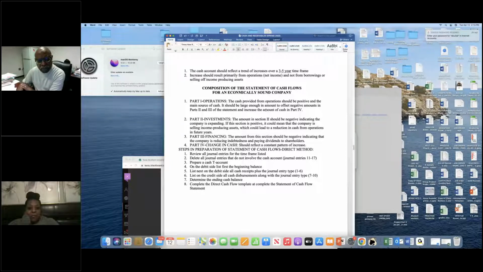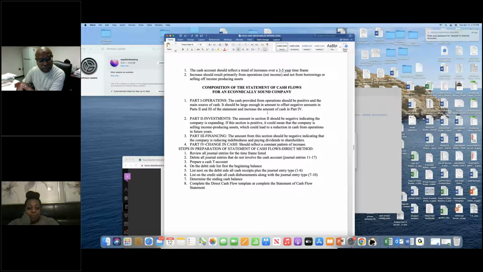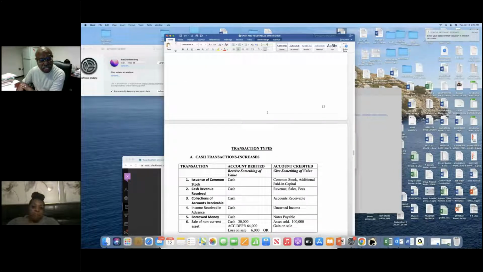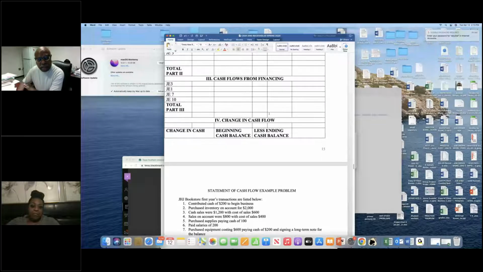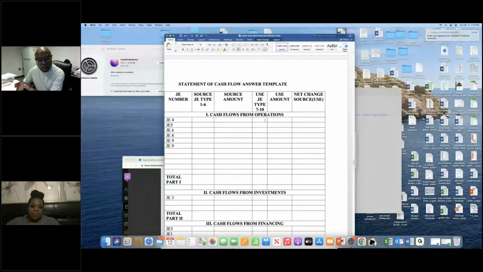So if we look at it, and I'll come back to this in a second. Let's look at it here. We have cash flow from operations. This is where the cash needs to come from.